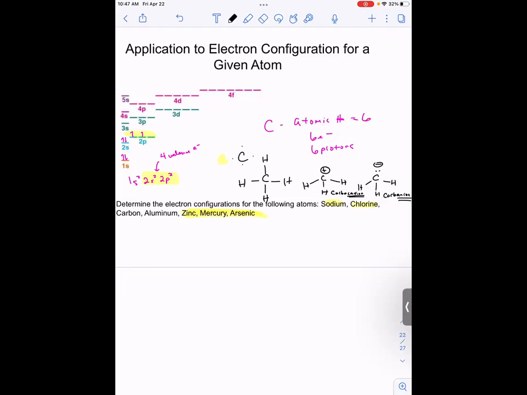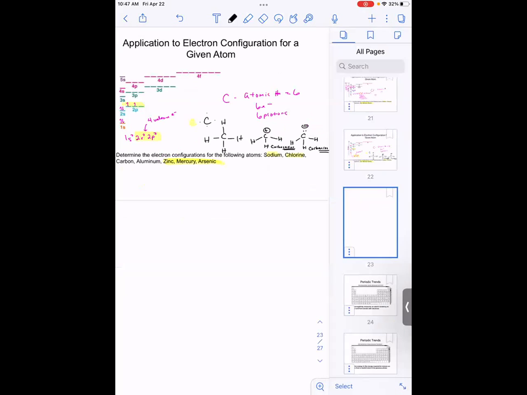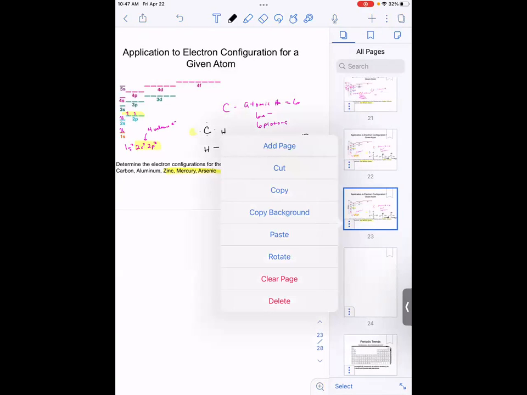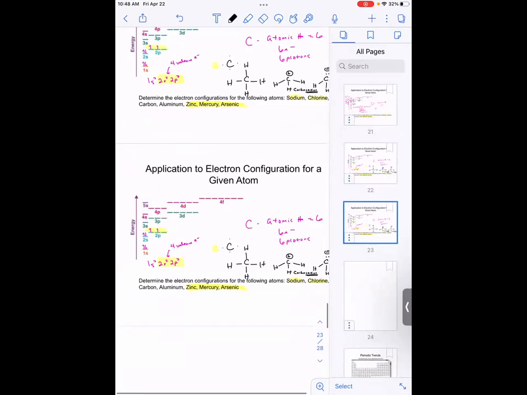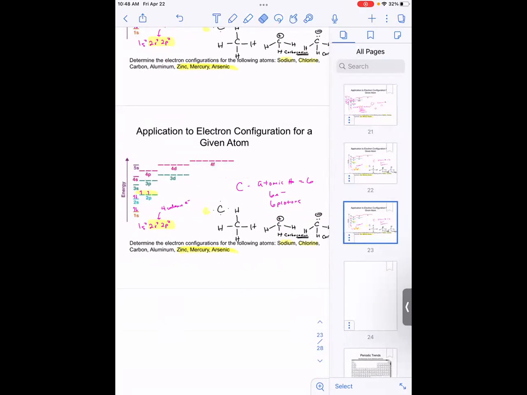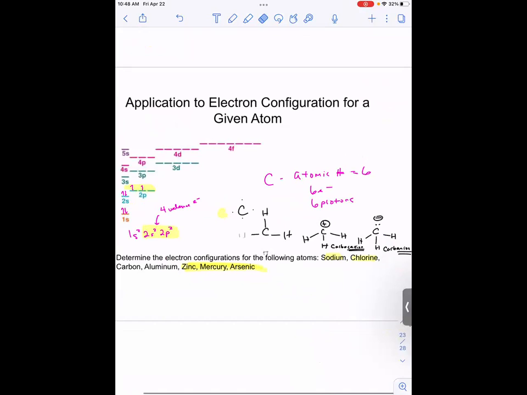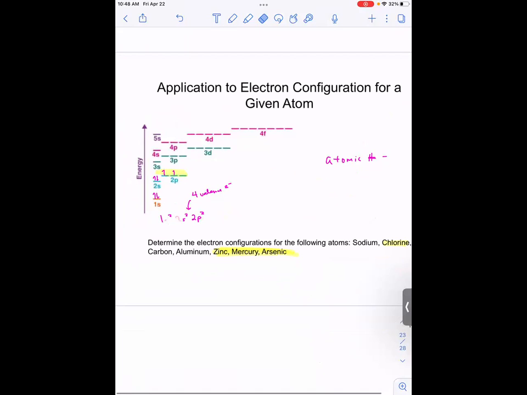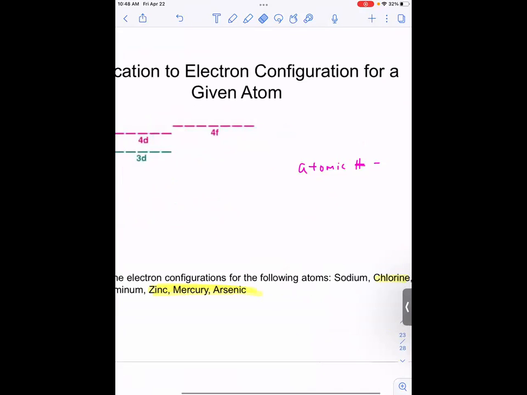All right, let's do one more. Let's do aluminum, and then we're going to stop. All right, so for aluminum, what's the atomic number?